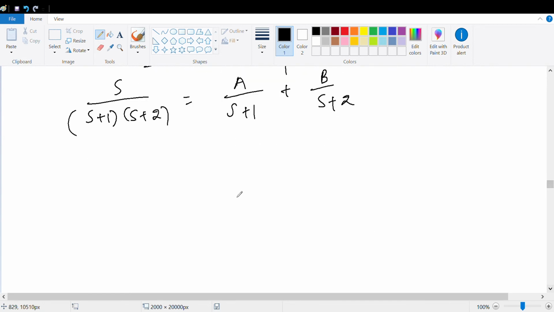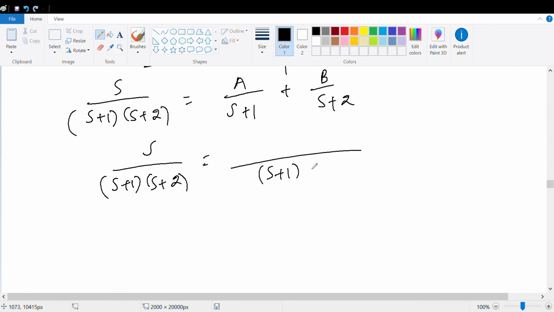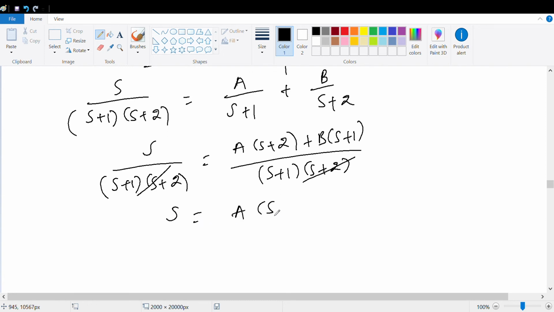So s by (s plus 1)(s plus 2) is equal to A by s plus 1 plus B by s plus 2. Taking the LCM, s over (s plus 1)(s plus 2) equals A into (s plus 2) plus B into (s plus 1) over (s plus 1)(s plus 2). Now the denominators cancel each other, so s is equal to A into (s plus 2) plus B into (s plus 1). Now we need to find the A and B values.